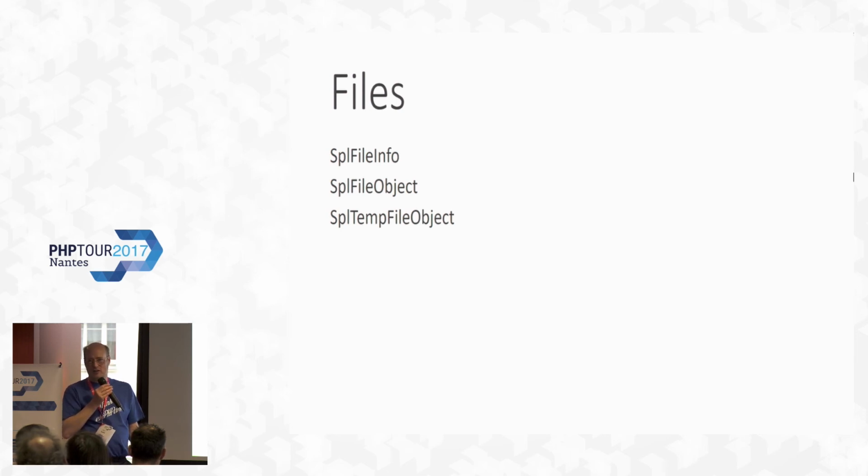So there's a few little extra benefits in using the SPL file handling, plus it keeps all your nice OO code even more OO if you're using those OO wrappers.